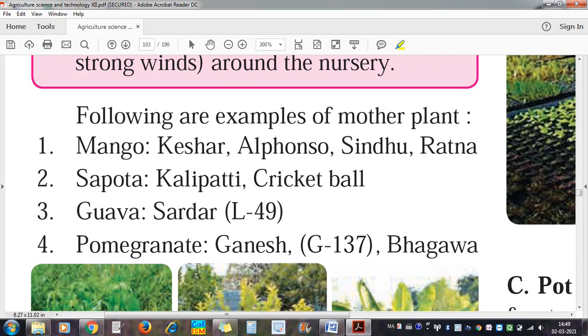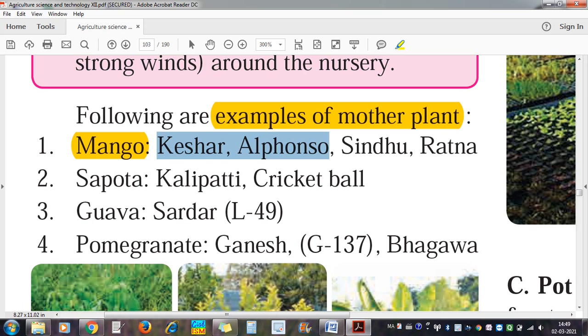Now these are the examples of mother plants. For example, mango. If you want to grow mango grafts or seedlings, we can take Kesar, Alphonso, Sindhu and Ratna. These are the mother plants, and these are good quality plants.